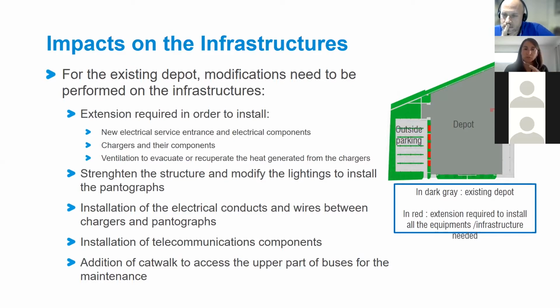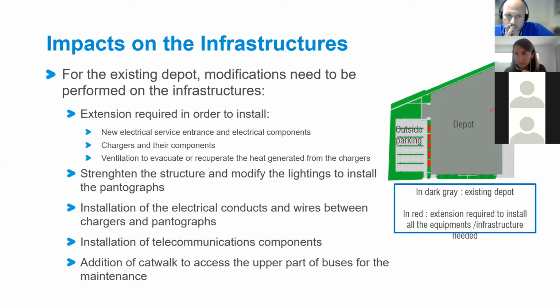We need the extension to be able to install the new electrical services, the electrical components, the chargers and their components, and also all the ventilation needed to evacuate or recuperate the heat generated from the chargers.